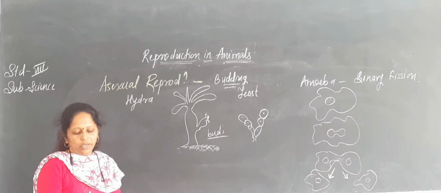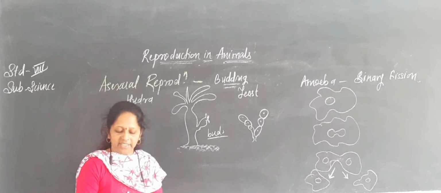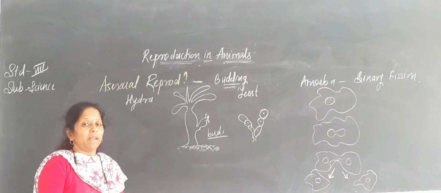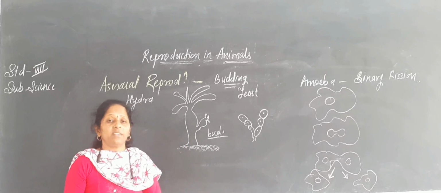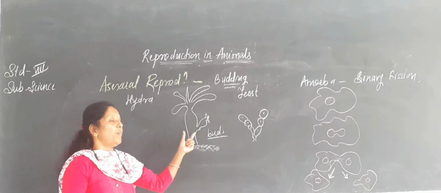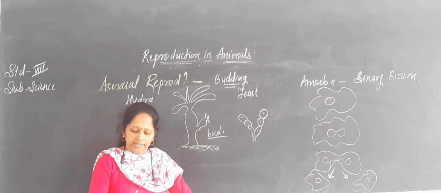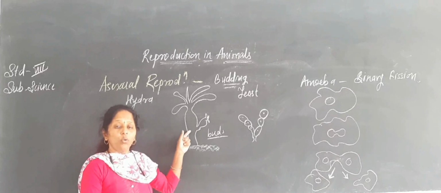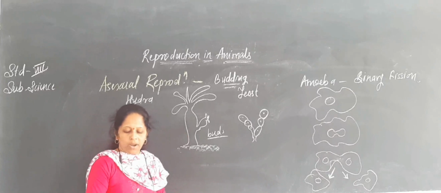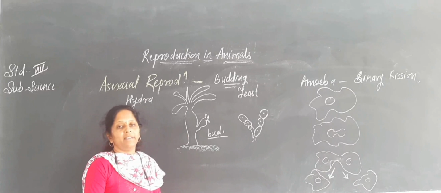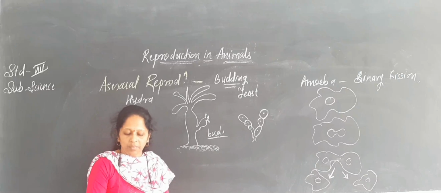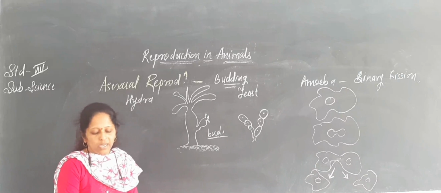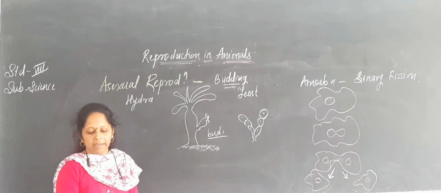In hydra, the new individual develops as an outgrowth from a single parent. This is a single parent; male and female parents are not necessary. Reproduction takes place only through the single parent, with the formation of buds on that single parent. In asexual reproduction only a single parent is involved.